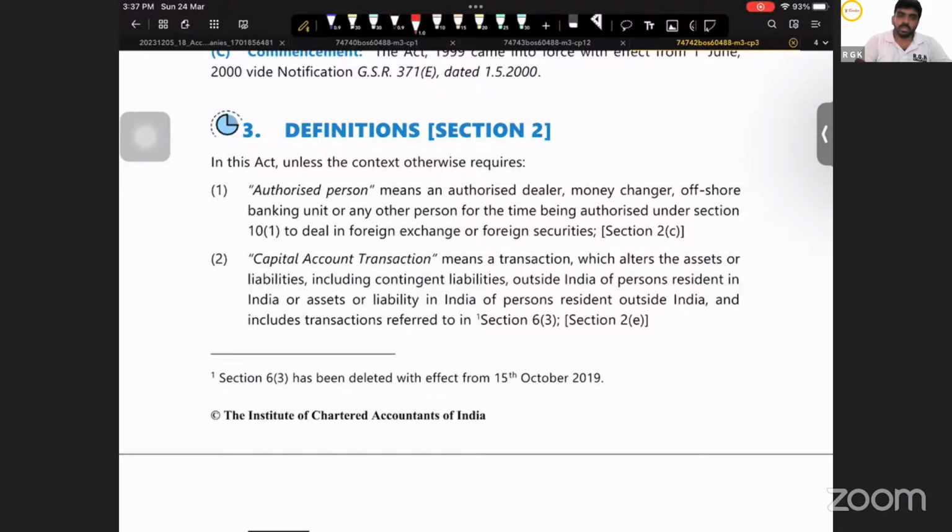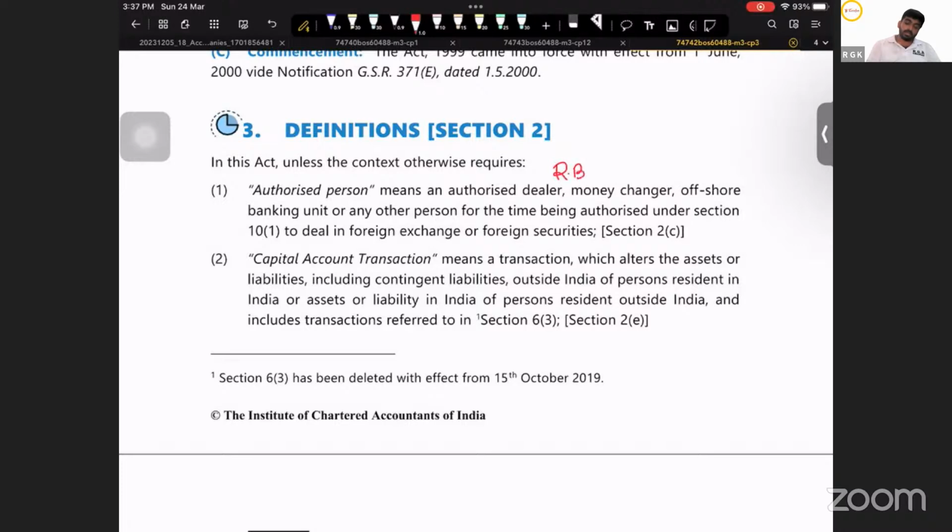Authorized dealers, the AD category dealers as we call them, authorized dealers or money changers, people who are into money exchange, offshore banking units, that is branches of Indian banks, or any other person for the time being authorized under section 10 subsection 1 to deal in foreign exchange or foreign securities. This authority is given to such a person by the Reserve Bank of India.